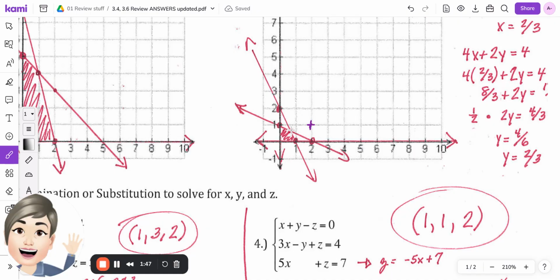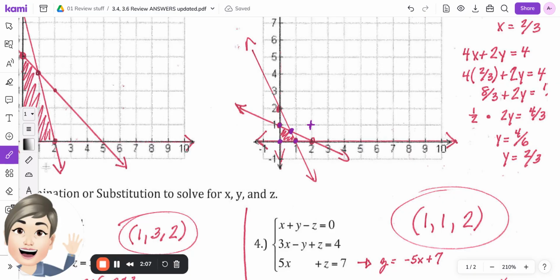This ordered pair right here is not in the crosshairs of a grid. This one is. So this ordered pair has integer coordinates. This ordered pair has integer coordinates.